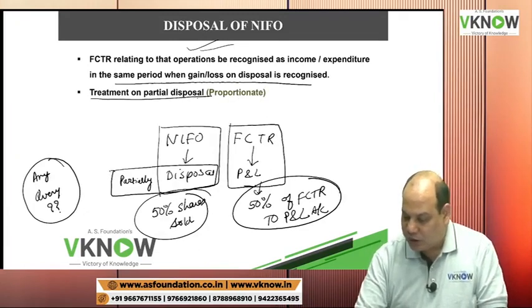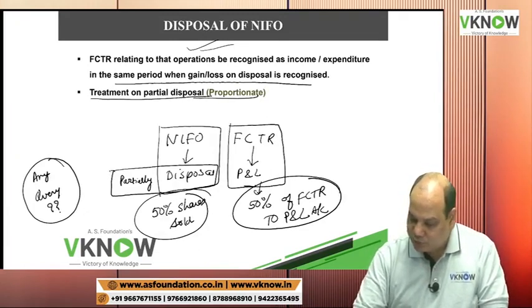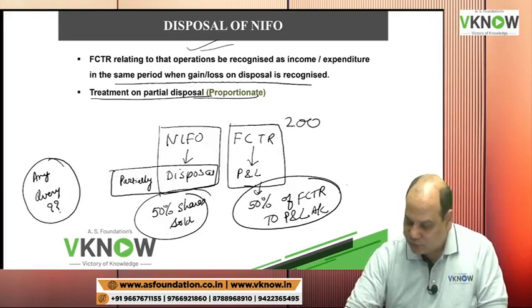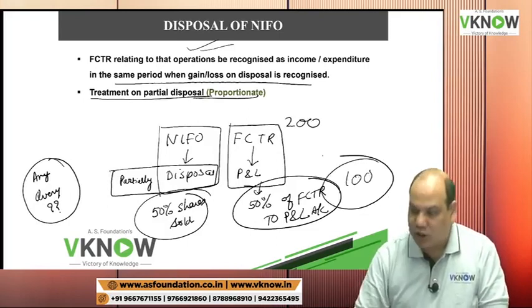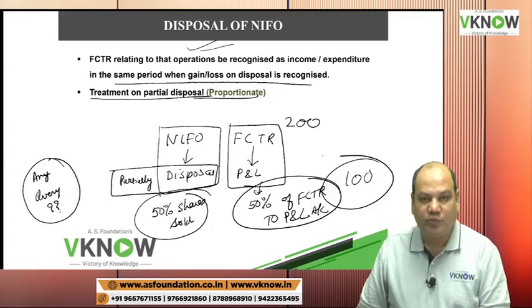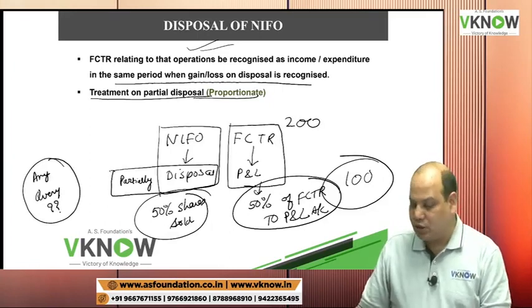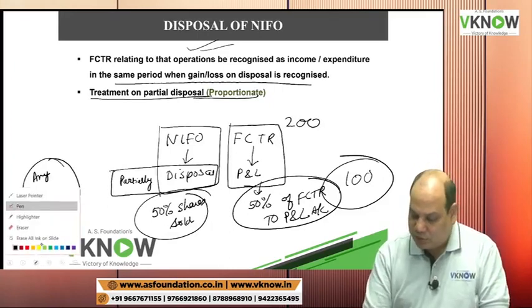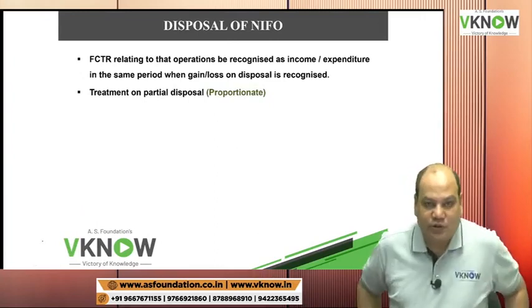So in case of partial disposal, if suppose the balance is 200 rupees, I will only transfer 100 rupees from FCTR to P&L account.